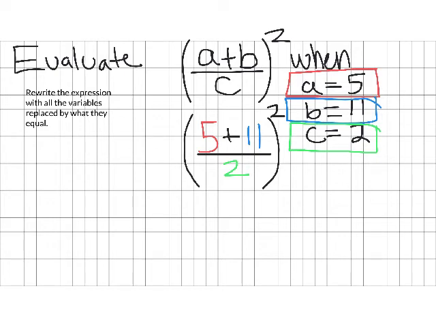So order of operations says I do the parentheses first. So that means I'm doing the parentheses, but there's a whole bunch of stuff inside the parentheses, like all this stuff. So basically that means I need to do all this stuff first, because that's what's in the parentheses. And of that stuff in there, I'm going to do the 5 plus 11 first, because all of that is divided by the 2.